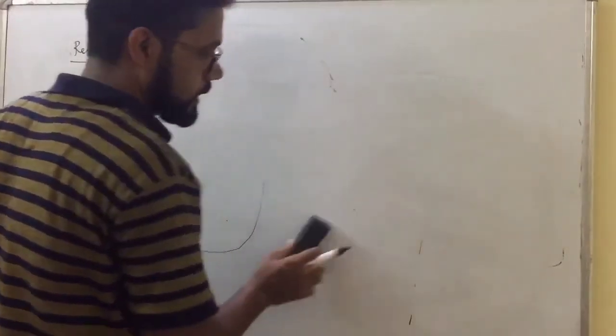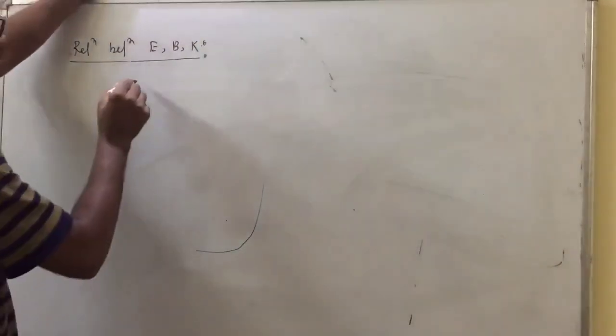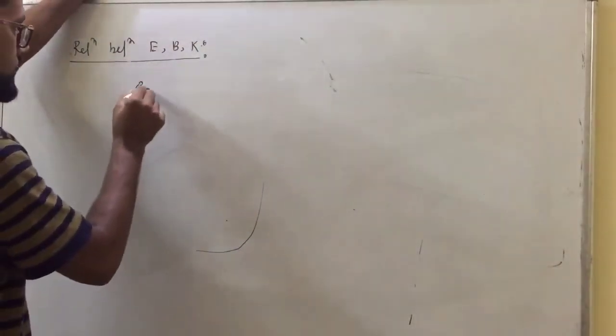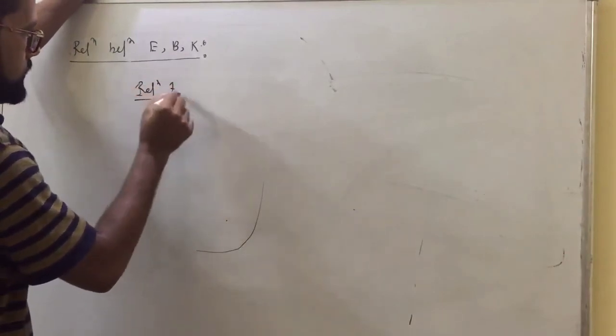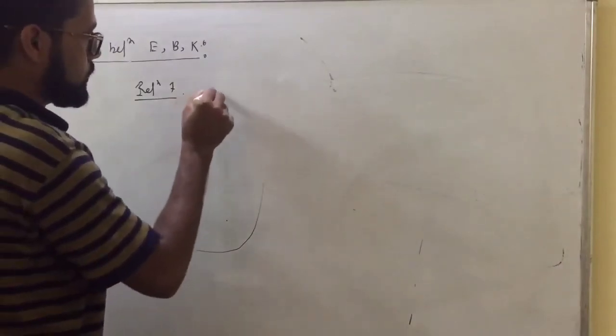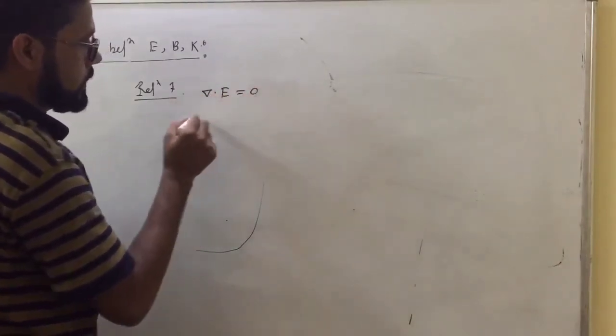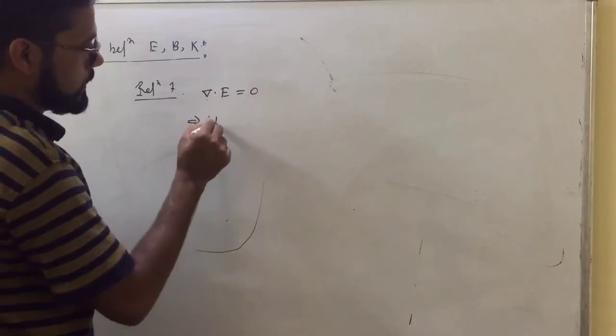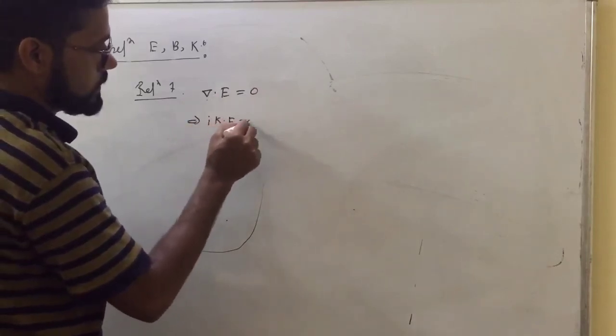Now second, I am going to find relation one. From the Maxwell equation, divergence of E equals 0. So del equals ik, and ik dot E equals 0.